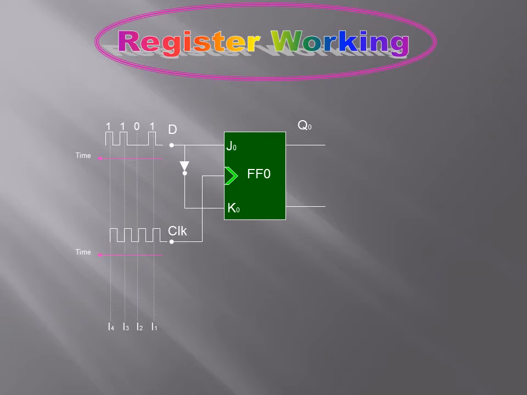With 1 at the input and the clock present, if the flip-flop is edge triggered, the rising or the falling edge will load the information.